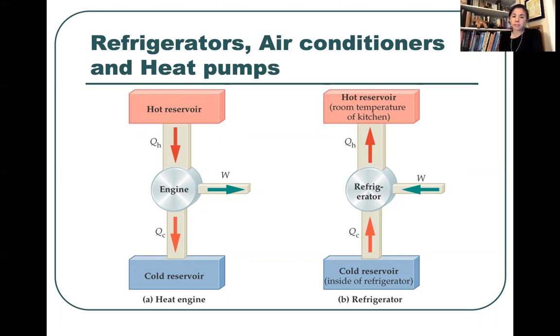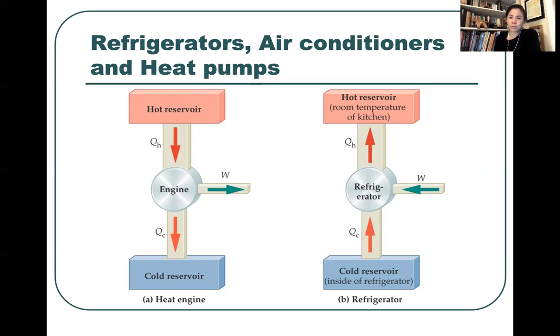So now instead of having heat flowing from the hot reservoir into the engine, it's actually leaving the refrigerator and going into our hot reservoir. What is our hot reservoir in this case? It's going to be the room in which the refrigerator is, so typically your kitchen, okay?